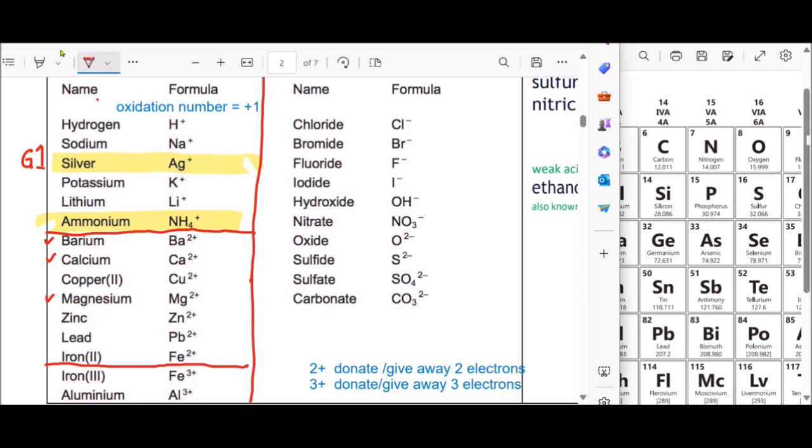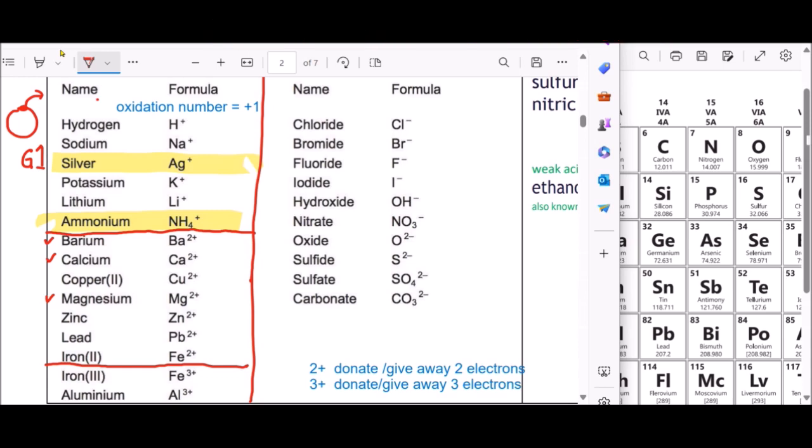Group 1 elements have 1 valence electron at the outermost shell. In order to become stable, they prefer to give it away.